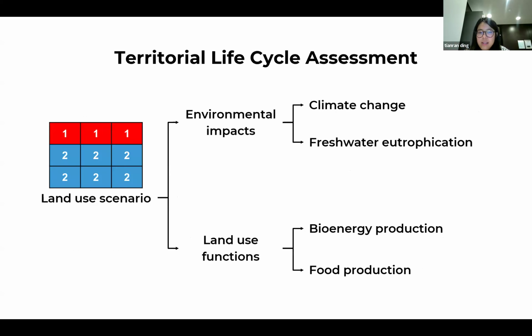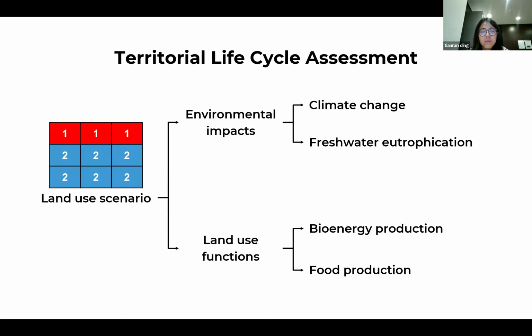In that sense, territorial life cycle assessment was developed in 2013. This method was developed based on LCA, but focusing on the territorial level. It starts by giving you a scenario of land use. In this case, we have land use 1 and land use 2 in this specific allocation.